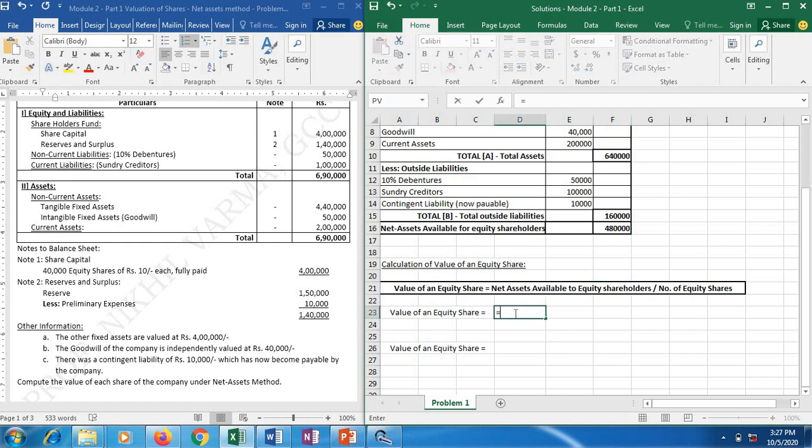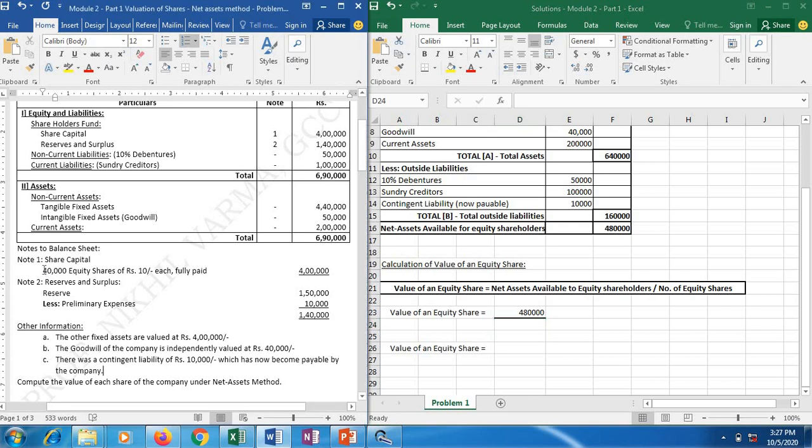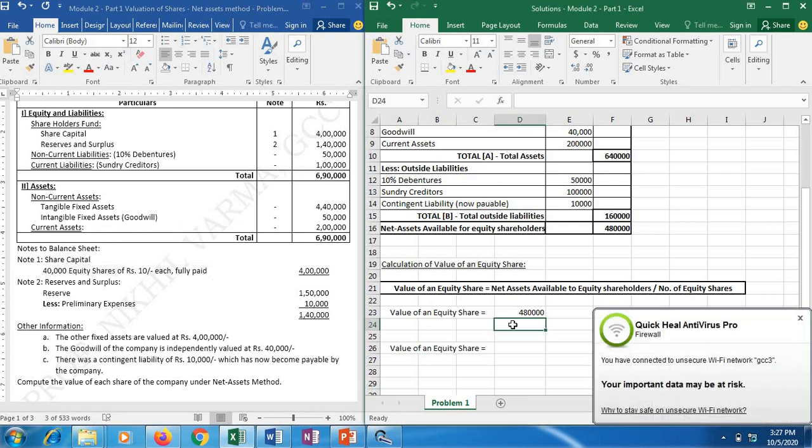So we'll take that value here, 4,80,000, divided by the number of equity shares. The number of equity shares is given here in note number 1, 40,000 equity shares of rupees 10 each. So we'll write 40,000 here.